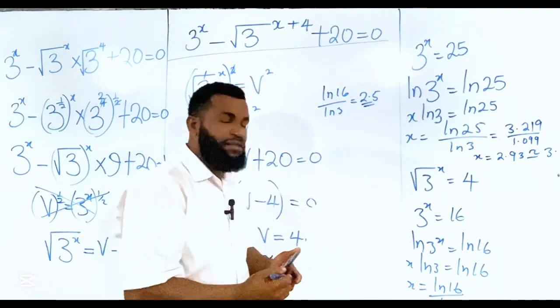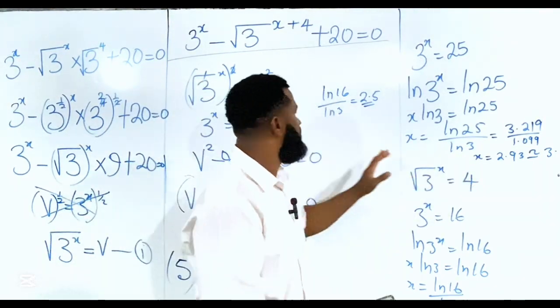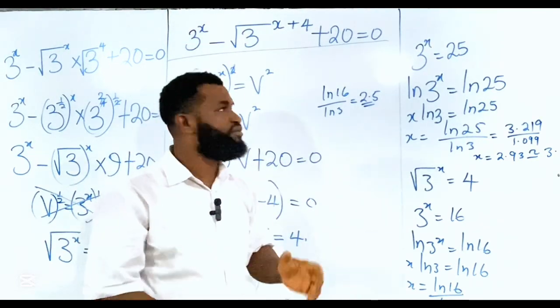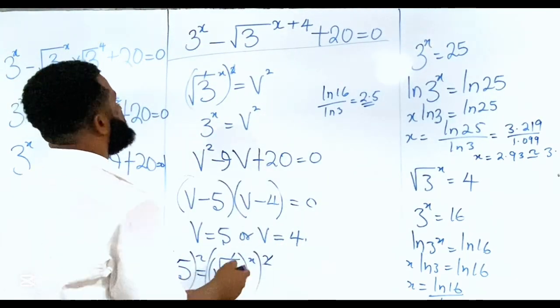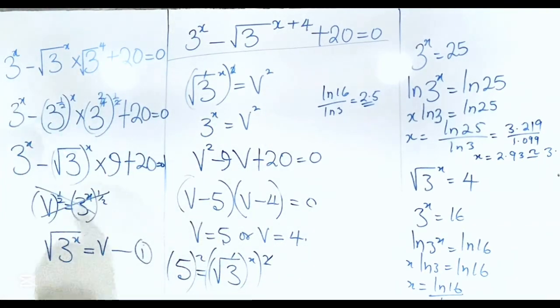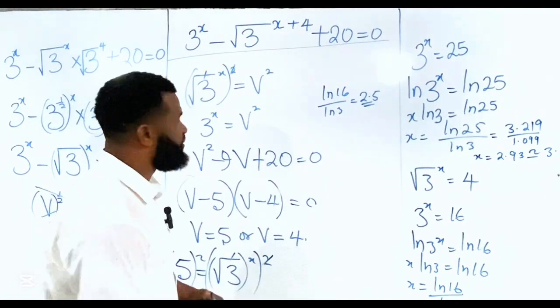Okay, let me ask myself, which of these values of x can be true for this solution? I'm going to use 3 here. All right, let me do it here.